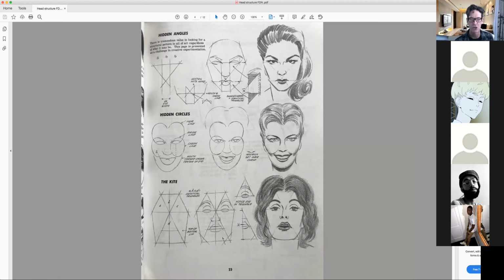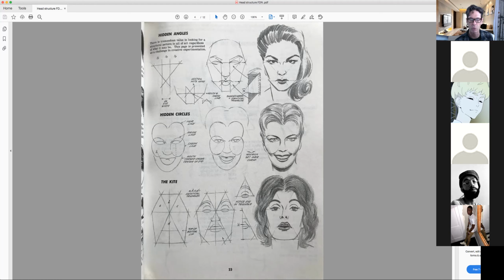Another thing that I'm going to talk about here is what it says here, hidden angles. Look at the one right under there, that when you really look at a face, you can see kind of a cross in it, that the nose becomes kind of triangular. You can kind of imagine this cross of how the eyes cross beneath the nose and down under the mouth.